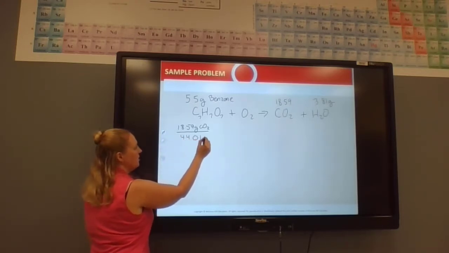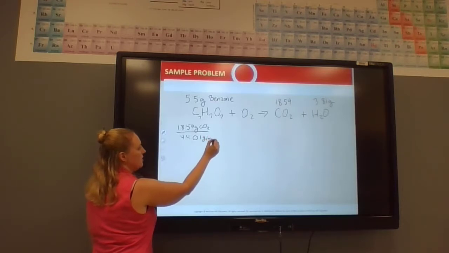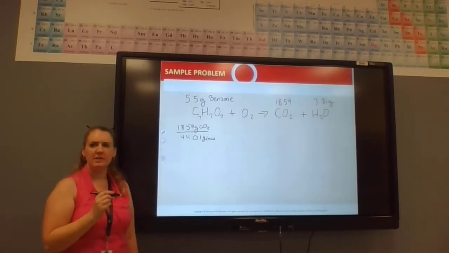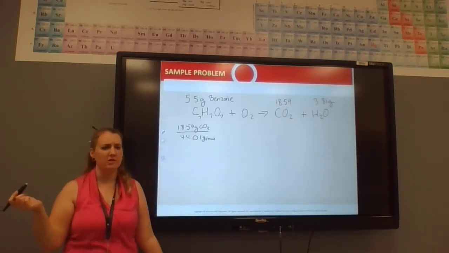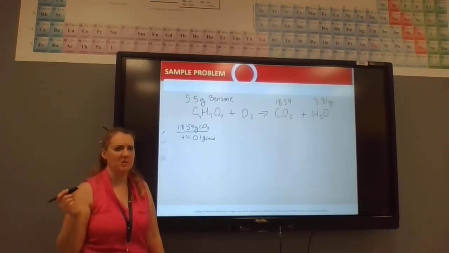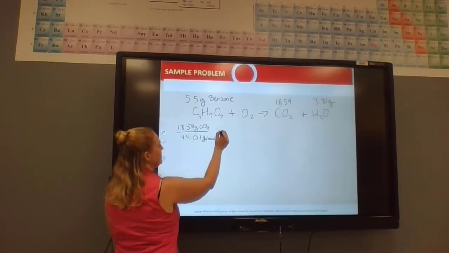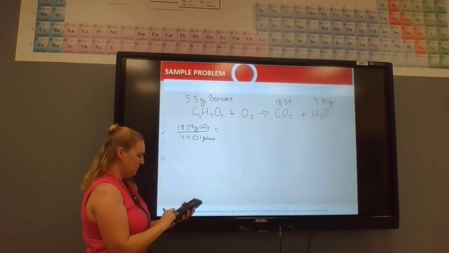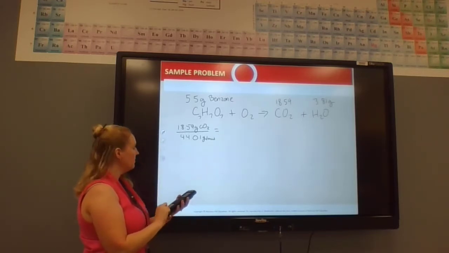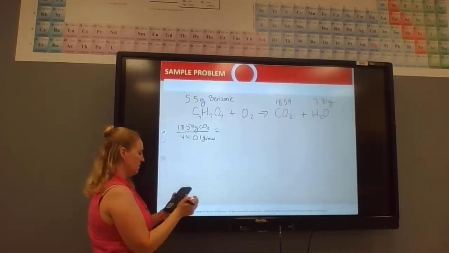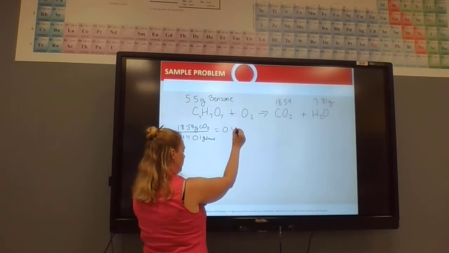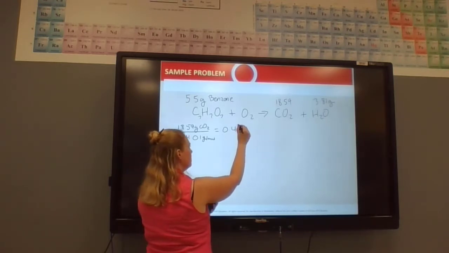The good thing about this is it's always going to be carbon dioxide and water, so you're going to use the same molar masses each time, so you won't have to recalculate them if you remember what they are. So grams cancel, we're left with moles of carbon dioxide: 0.422 moles CO2.